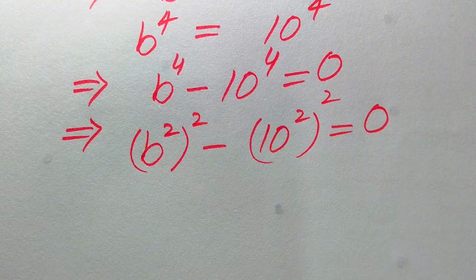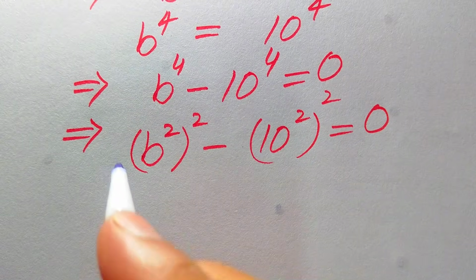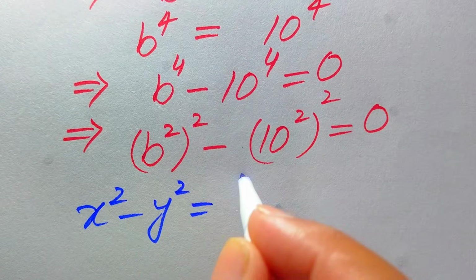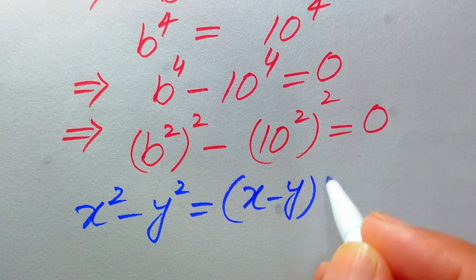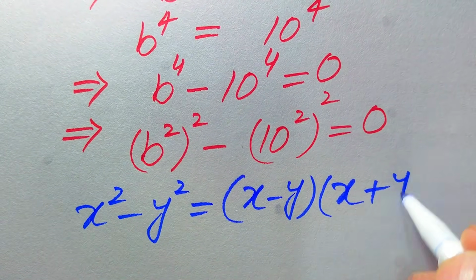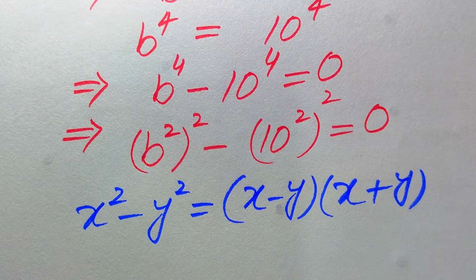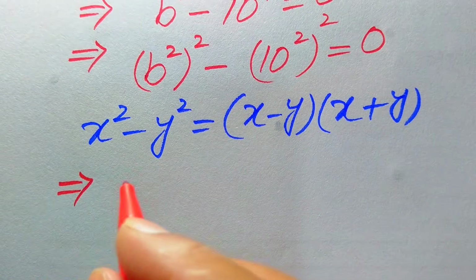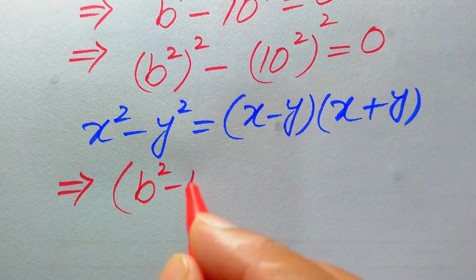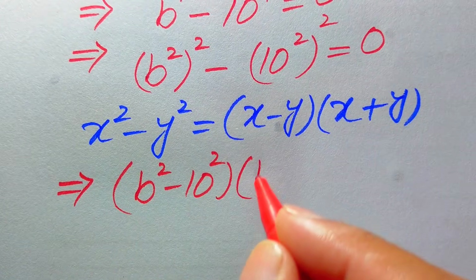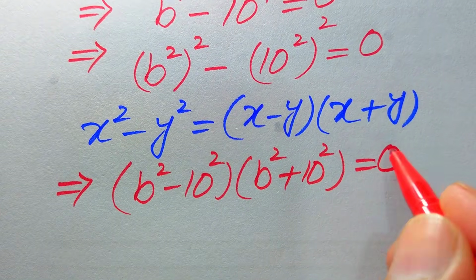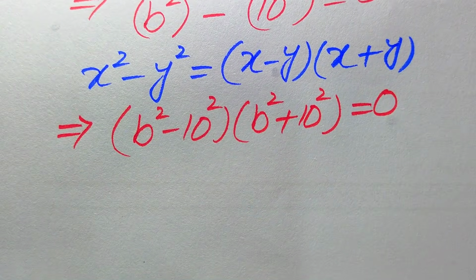Further in the next step we use the nice algebraic formula: x square minus y square equals x minus y times x plus y. According to this formula, we expand the left hand side as b square minus 10 square into b square plus 10 square, and this whole equation equals 0.